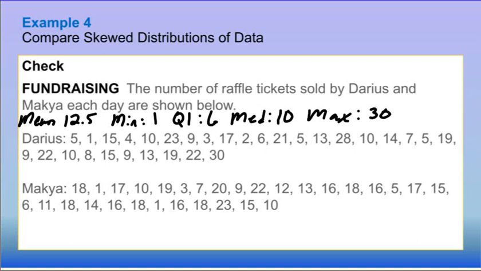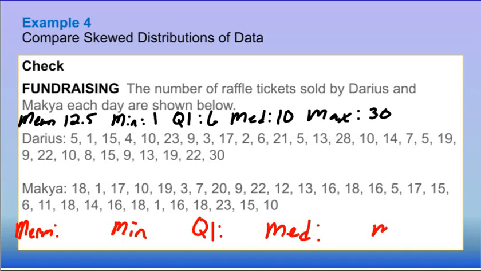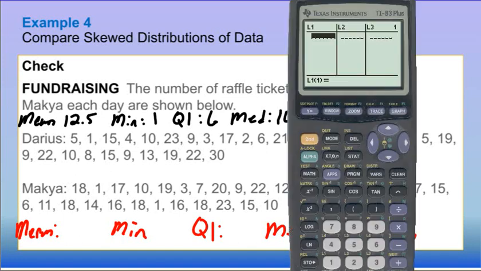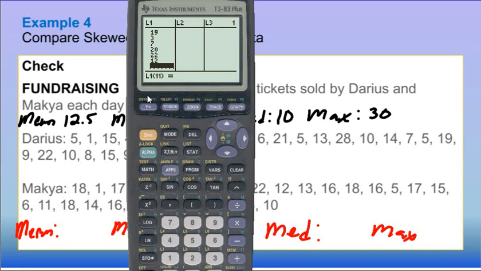So to do Micaiah's, we're going to find the mean, the minimum, quartile 1, median, and the max. The first thing I'm going to do is plug those back in here. So we got 18, 1, 17, 10, 19, 3, 7, 20, 2, 12, 13, 16, 18, 16, 5, 17, 15.